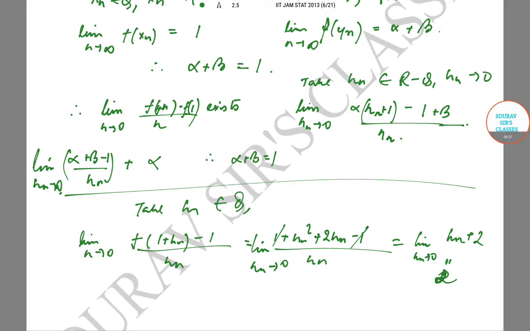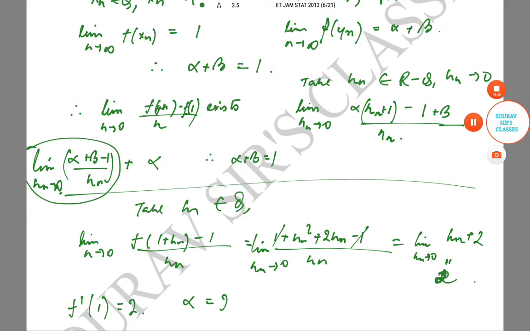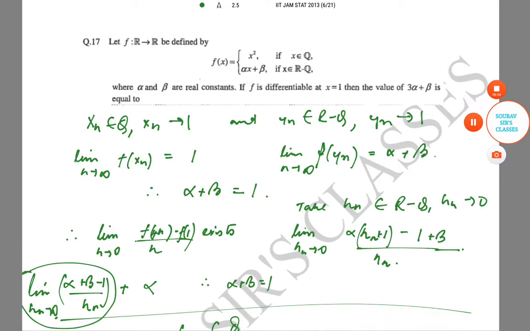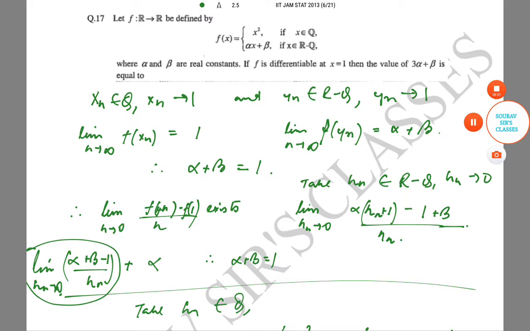So we know the derivative f prime of 1 is equal to 2, and this must equal alpha. So alpha has to be equal to 2 and beta has to be equal to minus 1. So 3 alpha plus beta is 6 minus 1, which is 5.